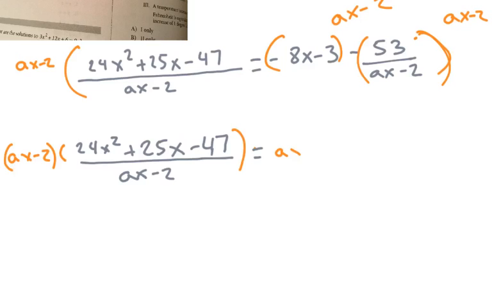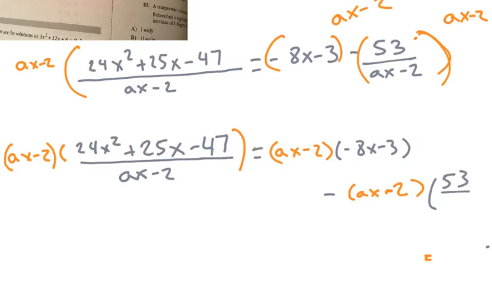So we have ax minus 2 times negative ax minus 8x minus 3, and I don't have enough space, but that's okay. I'll just put it down here, minus ax minus 2 times 53 over ax minus 2.